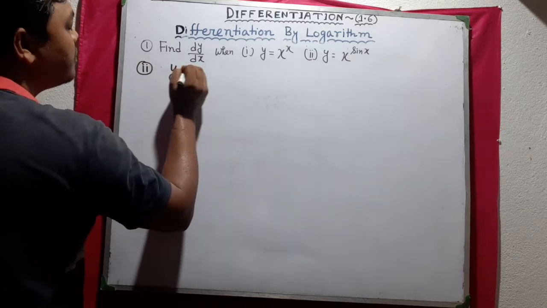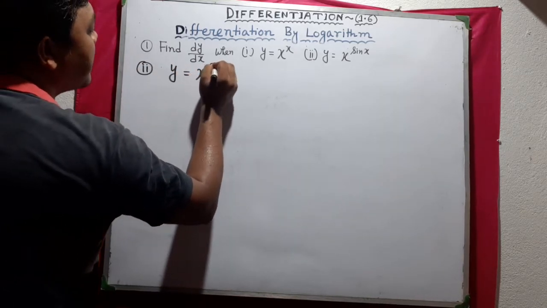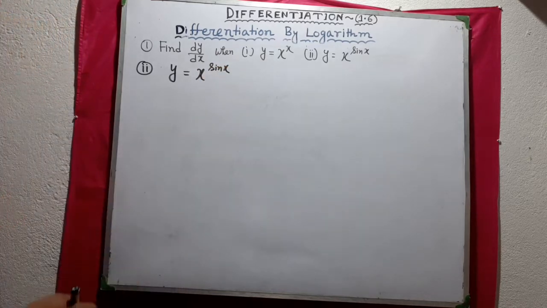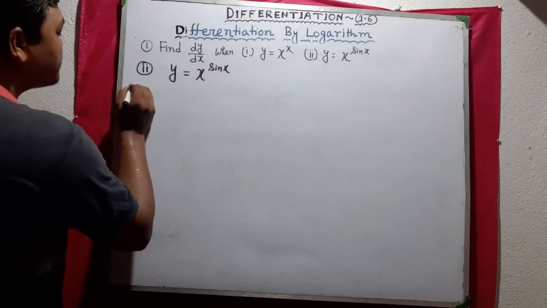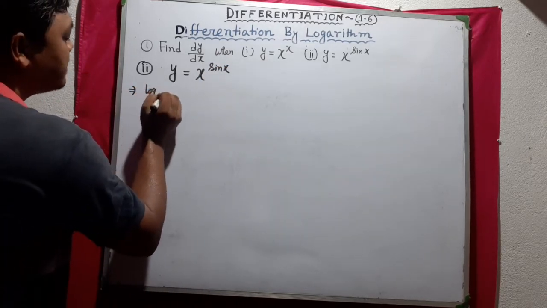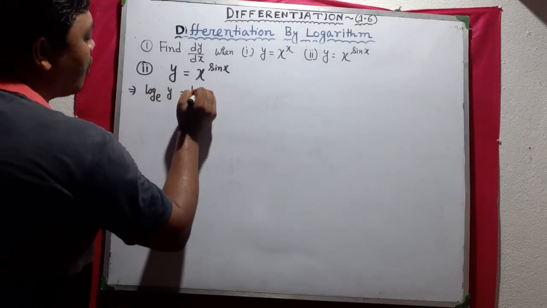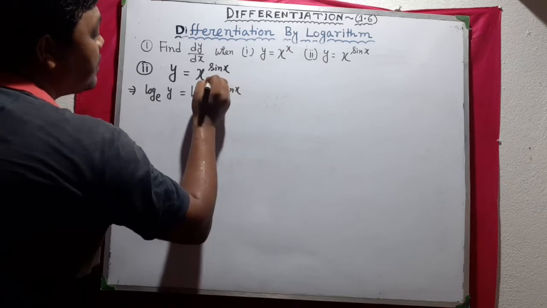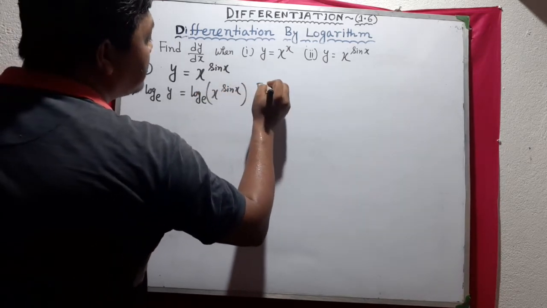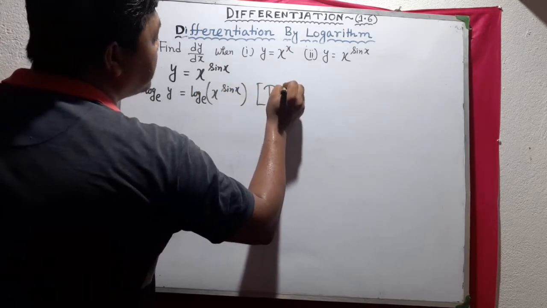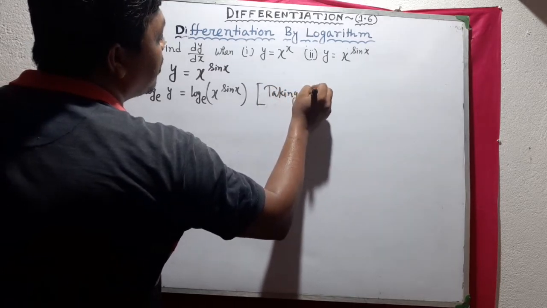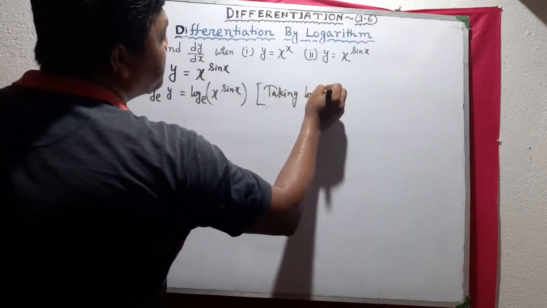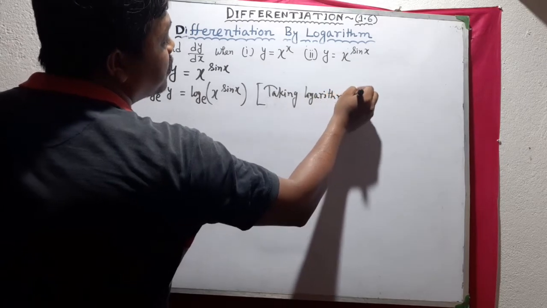y equals x to the power sin x. Similarly, you take the logarithm both sides, log base e of y equals log base e of x to the power sin x, and you have to write here taking logarithm both sides, of course base e.